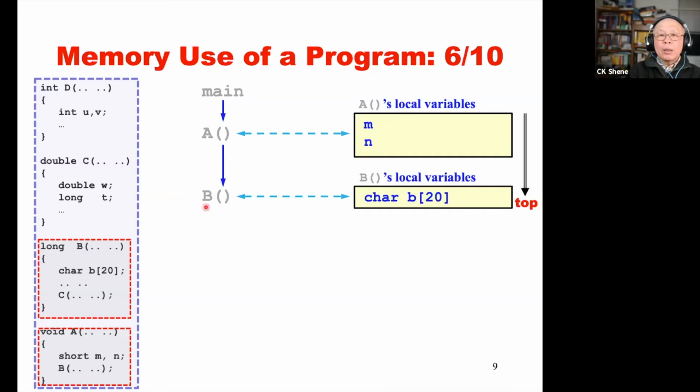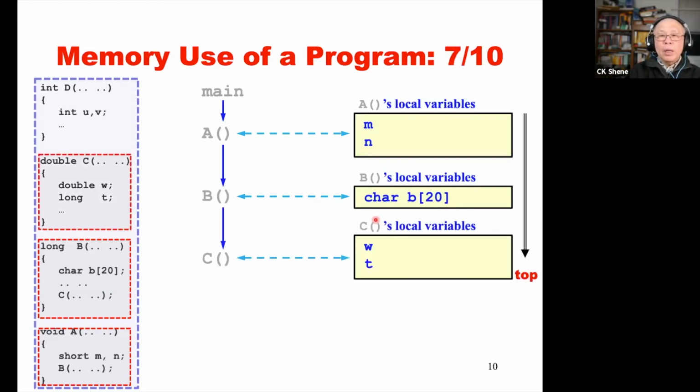In other words, when B is called, the area that contains B's variables is pushed onto this stack. Then when B calls C, we push C's local variable area onto this stack, and the top pointer is here.